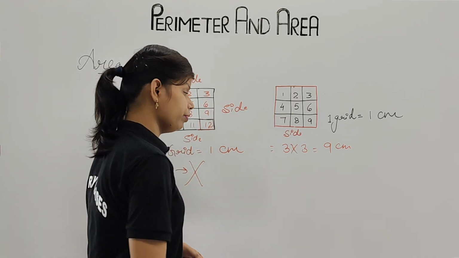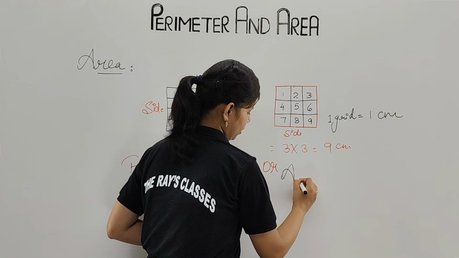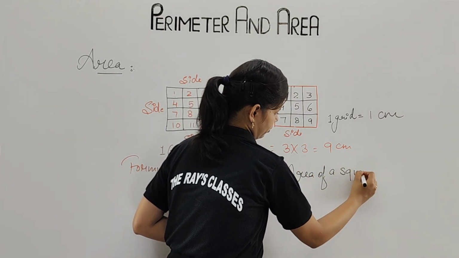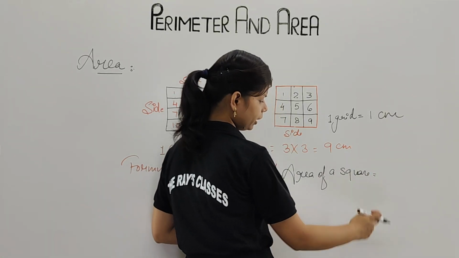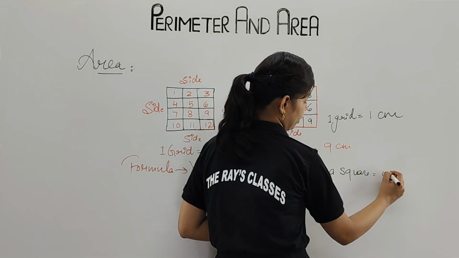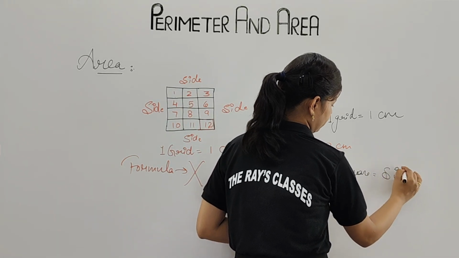And if you go with the formula method, you can write the area of a square equals what? Area of a square will be your, 4? Not 4. 4 is a perimeter, no? Side into side.